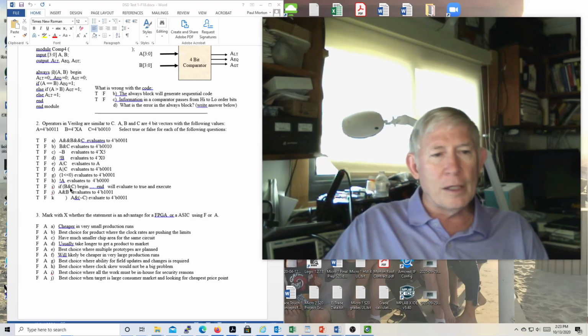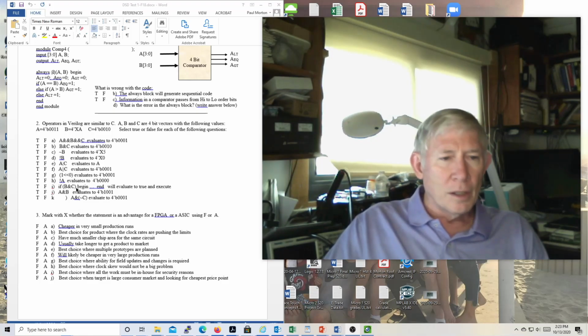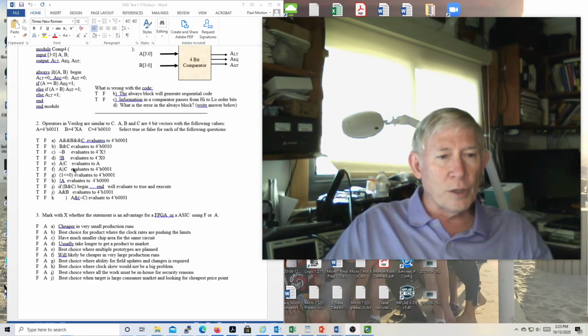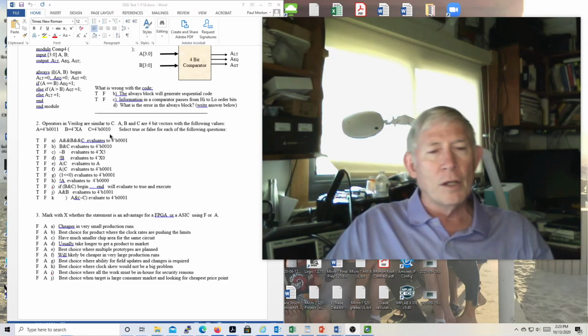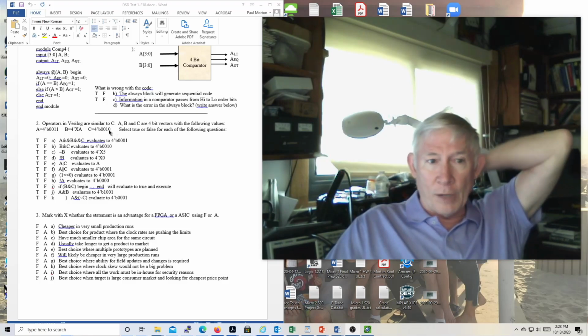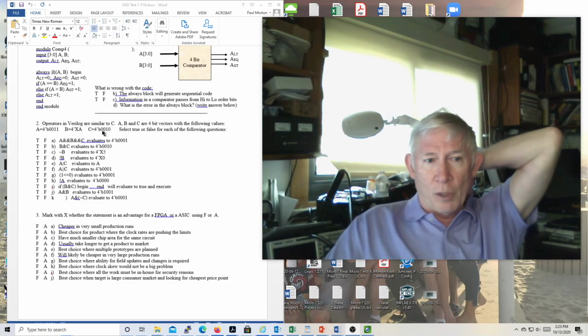If B bitwise ANDed with C, begin end will evaluate to true and execute. So let's look. B ANDed with C. So B is 1010 and C is 0010. So they overlap at a 1 in bit position 1 if you count the first position 0, 0, 1, 2, 3.